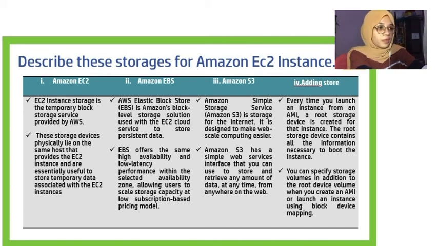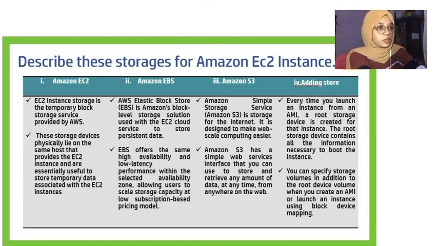Secondly, Amazon EBS: AWS Elastic Block Store is Amazon's block level storage solution used with the EC2 cloud service to store persistent data. EBS offers high availability and low latency performance within the selected availability zone, allowing users to scale storage capacity at a low subscription-based pricing model.